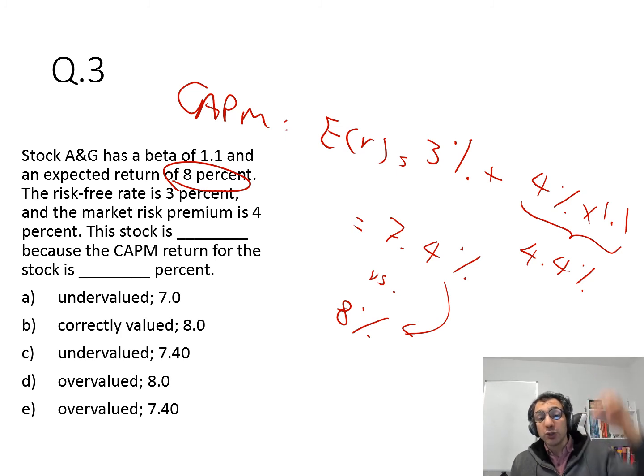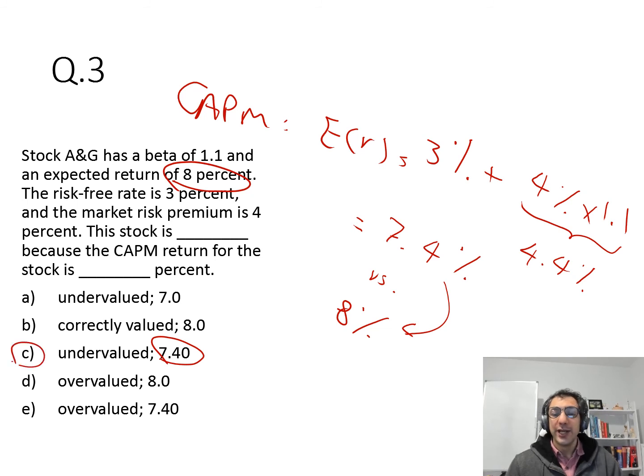So the alpha is positive, which means the stock is undervalued. The 7.4% is the expected return based on the CAPM, and the 8% is what you are getting. So the stock is undervalued, which means C is the correct answer.